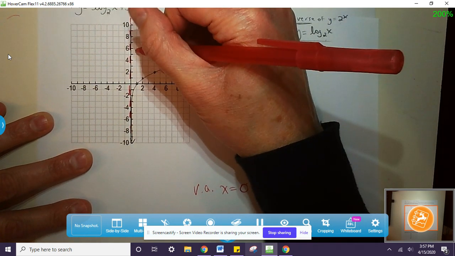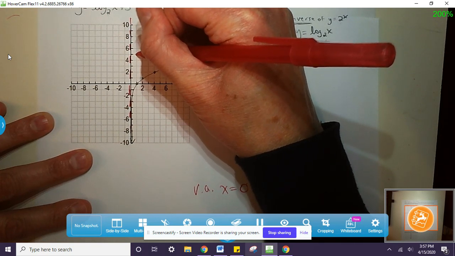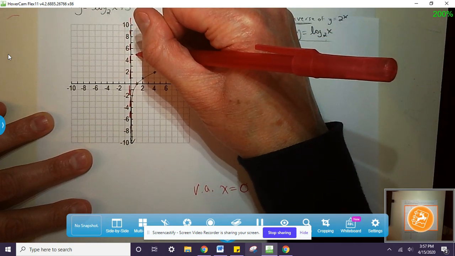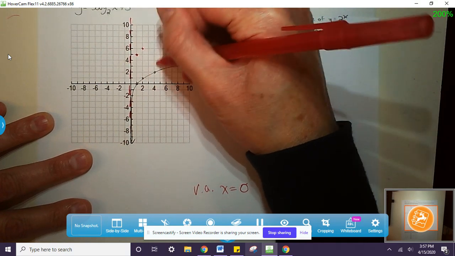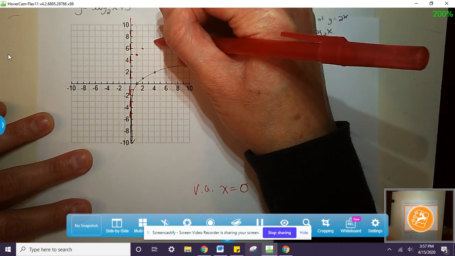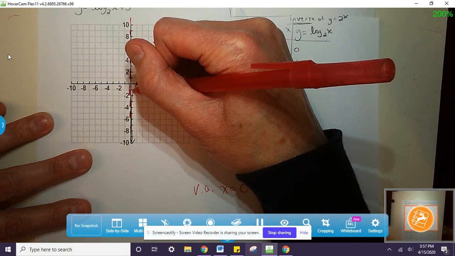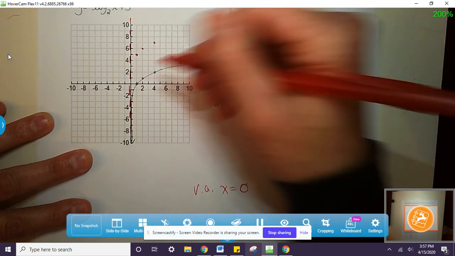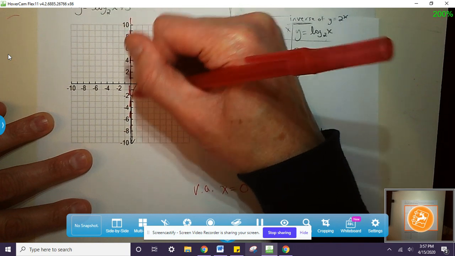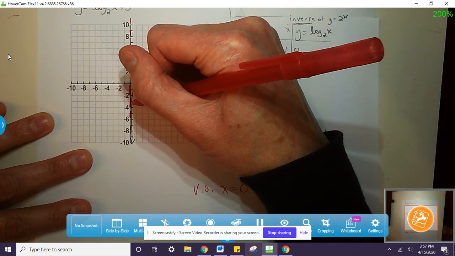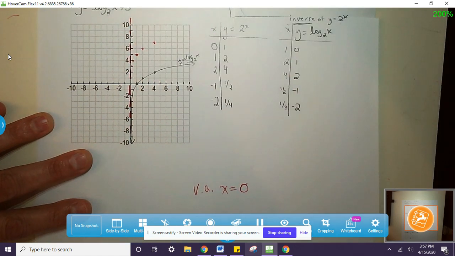So (1, 0) will become (1, 5), no longer an x-intercept. This point at (2, 1) will move up 5 to (2, 6). And this point at (4, 2) will move up 5 to (4, 7). This point that I estimated at (1/2, -1) is going to move up 5 to (1/2, 4). And this point that I estimated at (1/4, -2) will move up to (1/4, 3).